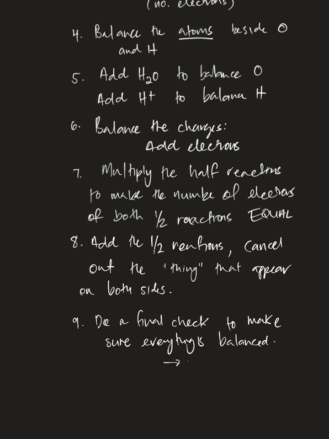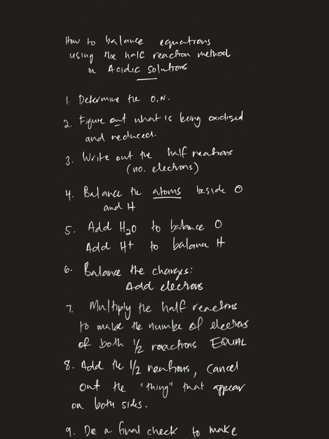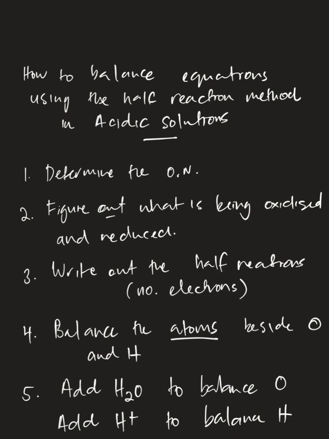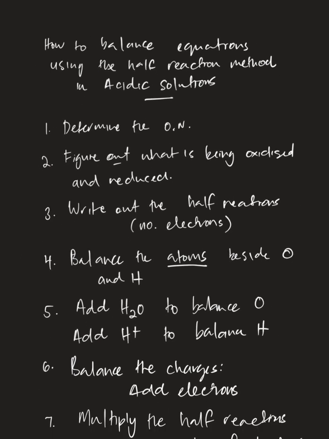That means the atoms and the overall charge of the reactants and the products. Right, and that's how we balance the equations using the half reaction method in acidic solutions. So these are just the steps that we're going to be taking now.